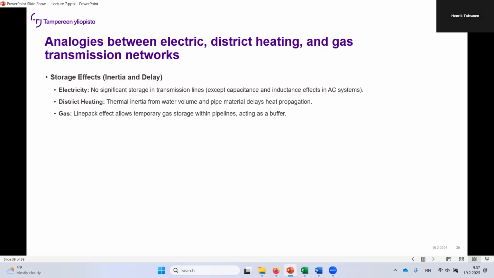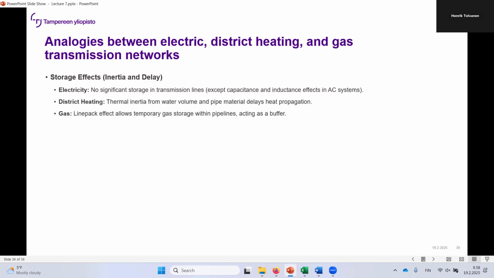Storage effects, so inertia and delay. No significant storage in transmission lines. Well, capacitance, inductance effects. But if you're talking about energy storage, the electricity network in itself doesn't have the capability or the capacity to store energy. District heating has a lot of thermal inertia.